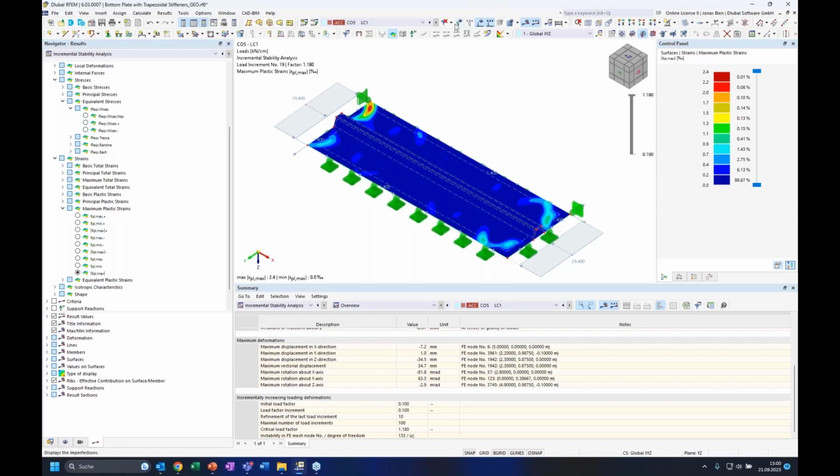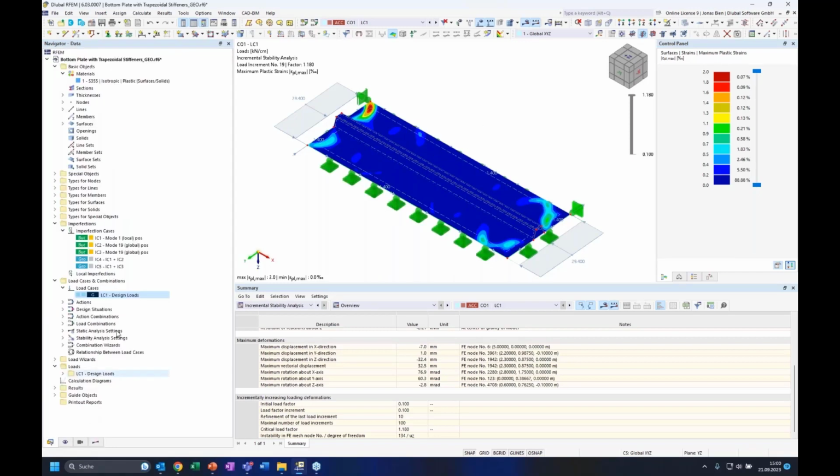So criterion number 2 with a limit strain shouldn't be an issue for our problem here. We can also browse through all the results, and we see that this is the case for all of the load combinations that we have checked with all the imperfection cases that we have applied.